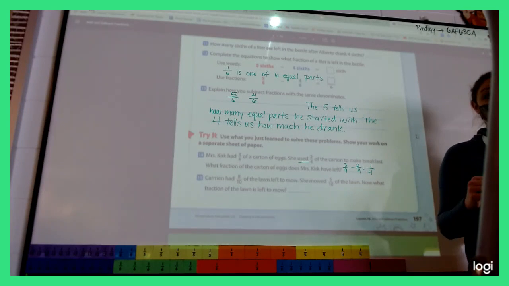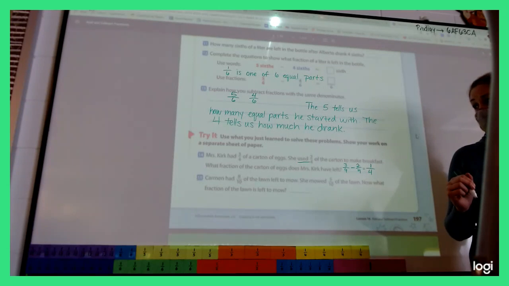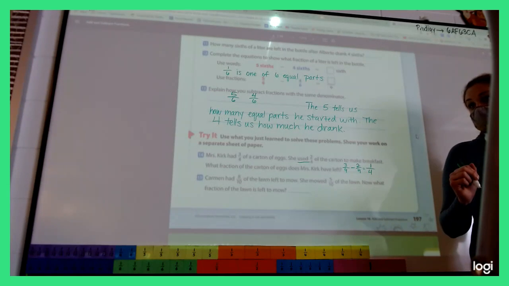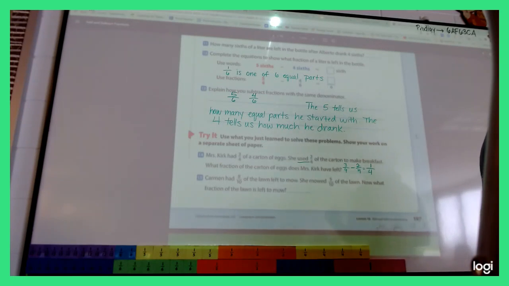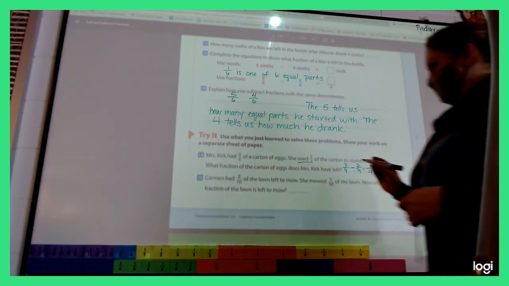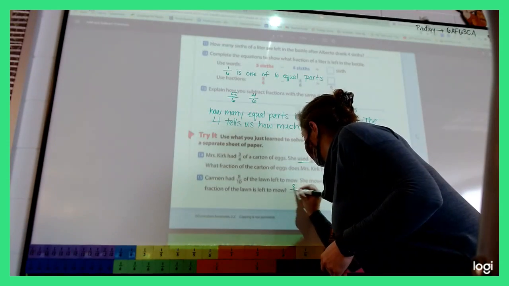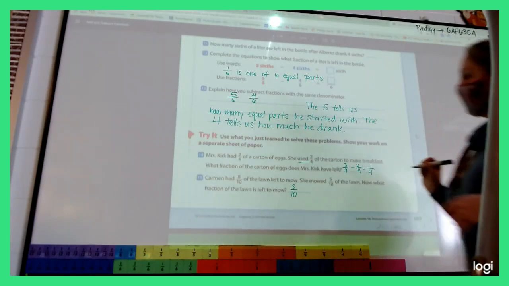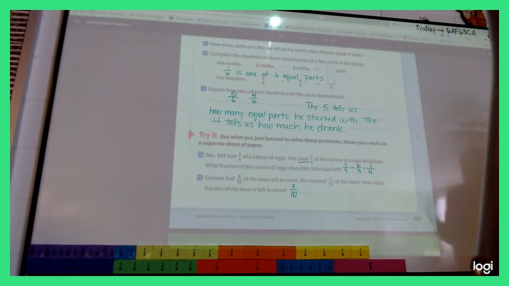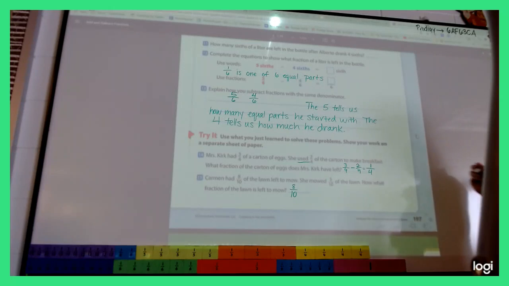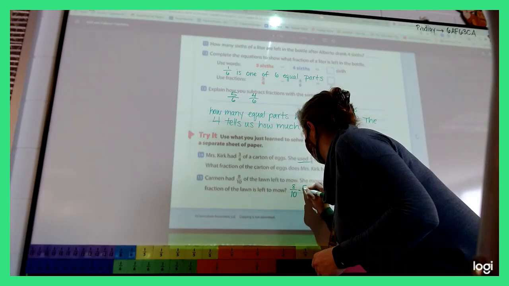What did she start with having to mow? Zoe? When she started mowing, how much of the yard did she have to mow? 8/10. So that's what we start with. She had that much to go. And then how much did she get finished? Emma? 5/10. So if we subtract that from 8/10.